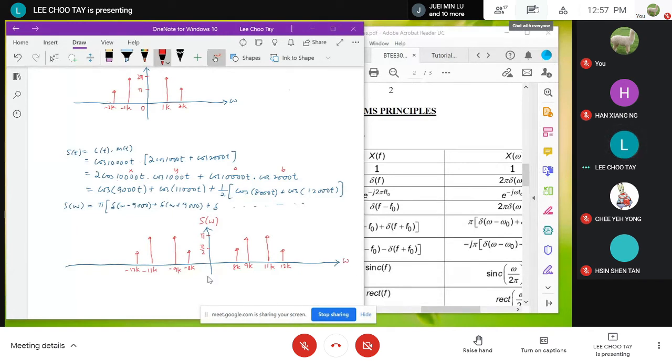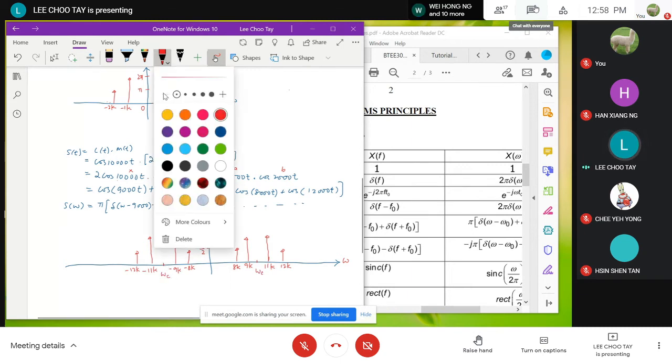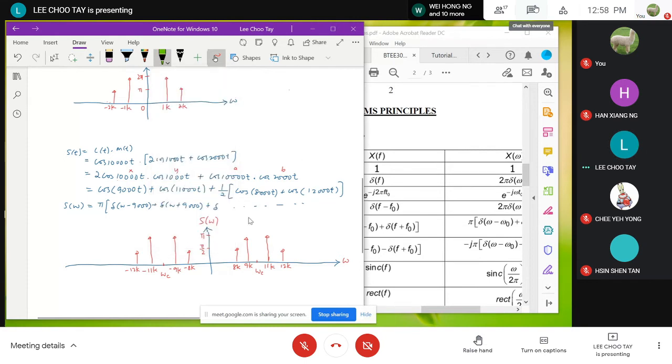This is omega. So now where is the upper sideband? Where is the lower sideband? Same way, identify where your carrier frequency is. Carrier frequency is here, 10K. These two are lower than 10K, so it's called lower sideband.